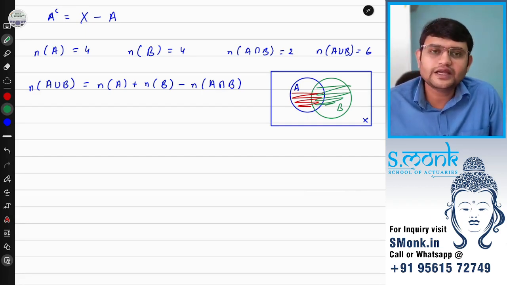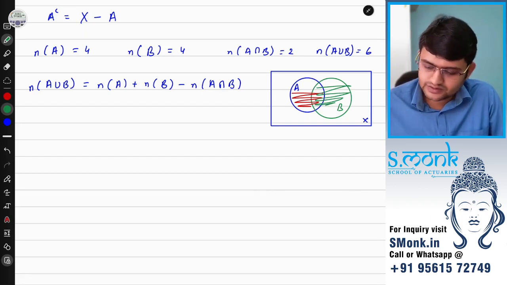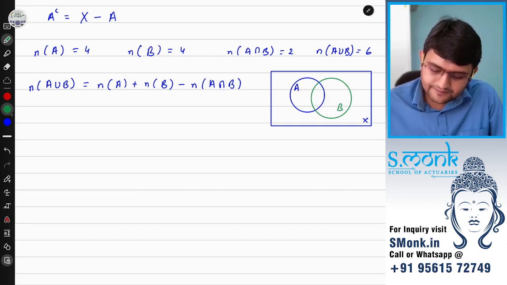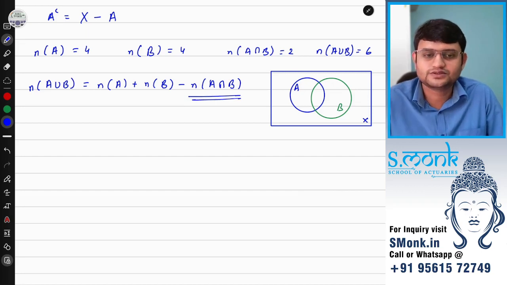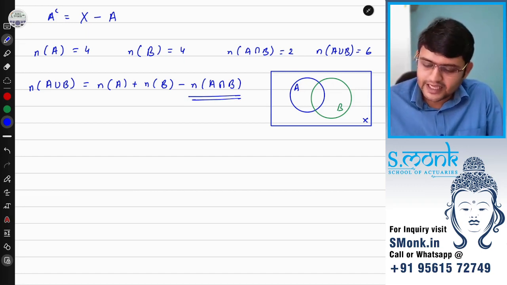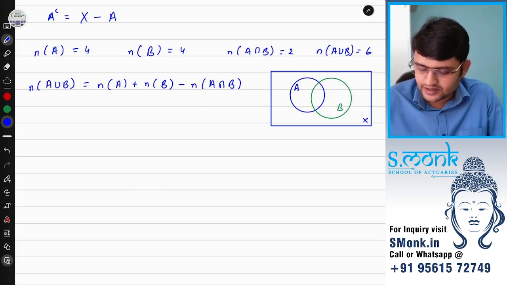I'm counting the intersection 2 times, and that is why we have to subtract it once. So number of elements in A plus number of elements in B minus number of elements in A intersection B.